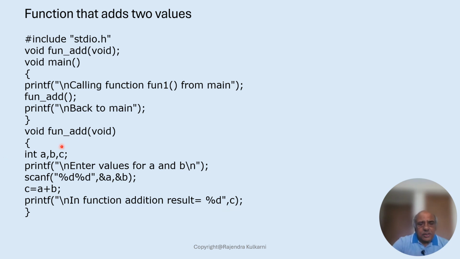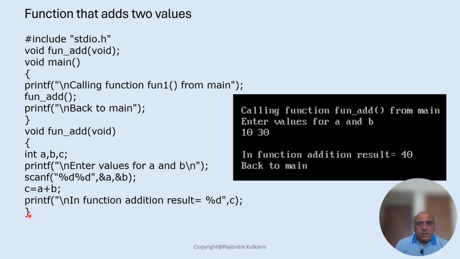So what this function does is, it accepts input from the user, adds those inputs, and displays the result of addition on our CRT screen, on our monitor screen, and then the function's closing brace. While I ran this program, I entered values 10 and 30 for a and b. Naturally, in function addition, result is equal to 40.